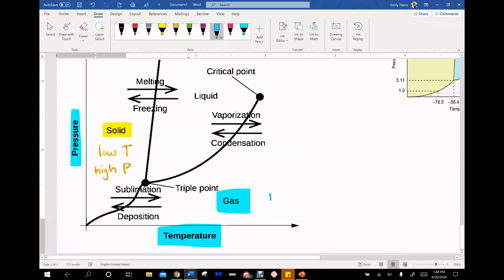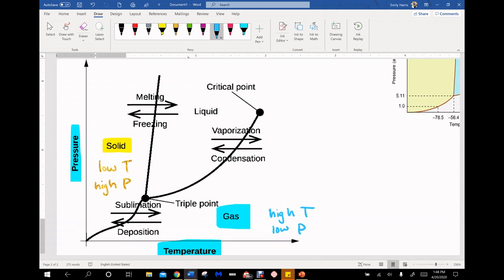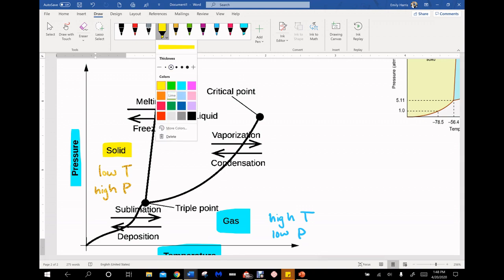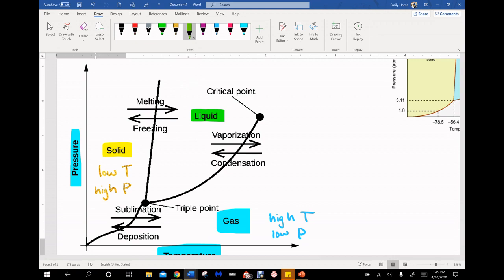They tend to be found at high temperatures and low pressures. Gases don't like to be squeezed together, but they do like to move around very quickly, which corresponds with the high temperature. Then finally, we have the liquid area right in the middle. And that corresponds to medium temperatures and medium pressures.